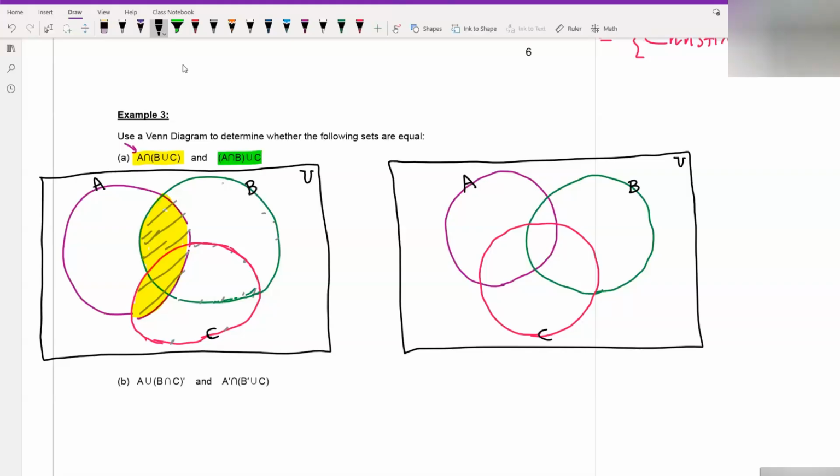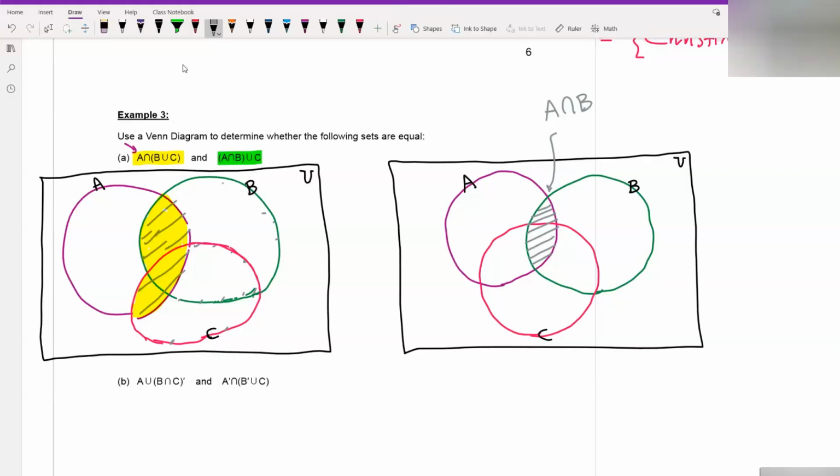Whenever we have parentheses, you have to work on that part first, following order of operations. Ignore this circle that we have for C. You only work based on what I have for A and B, the purple and green one. And find the intersection for that part, here inside. So this one is A intersection B.